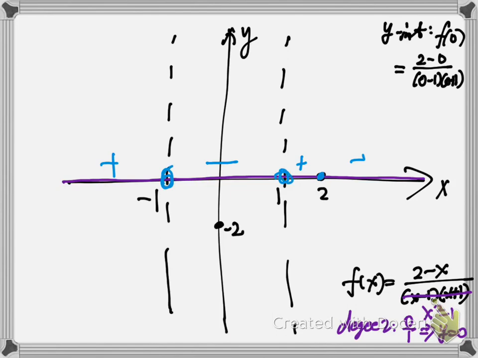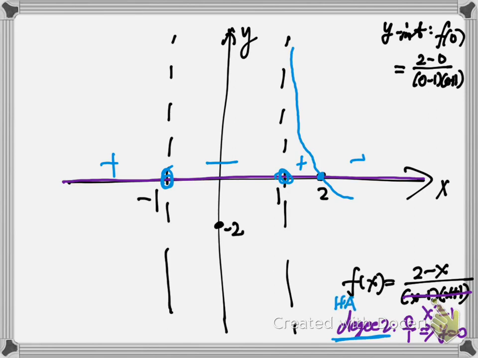So now let's draw the graph. So now we know the curve is positive after 2. So it goes up, in the upper half plane, but you can approach the wall but never go to the other side of the wall. So this is positive side. And the negative side, we know you have to go to the lower half plane, but we know the horizontal asymptote, HA.